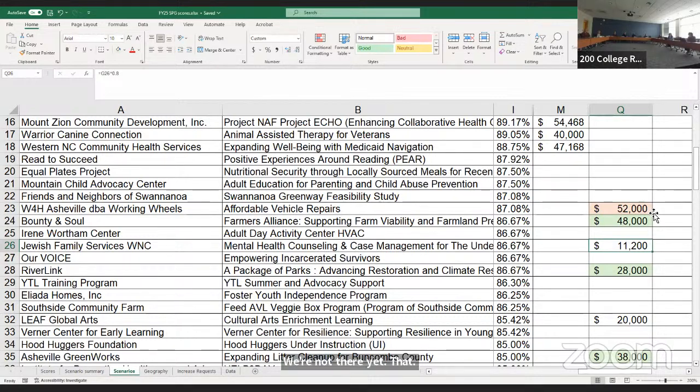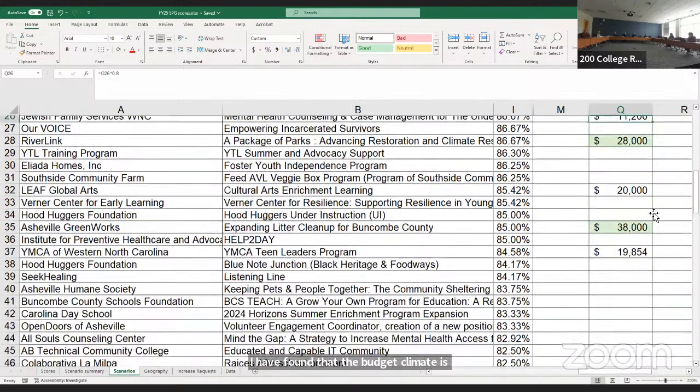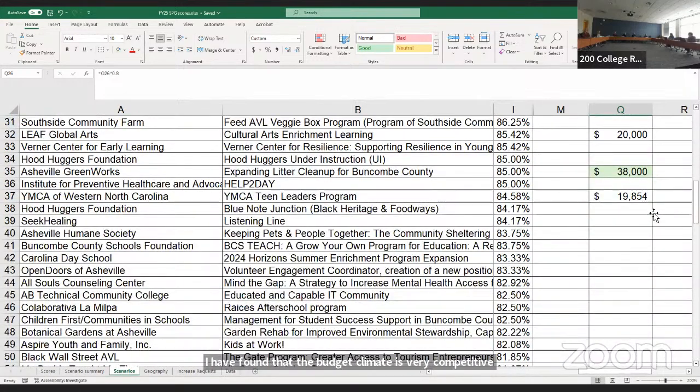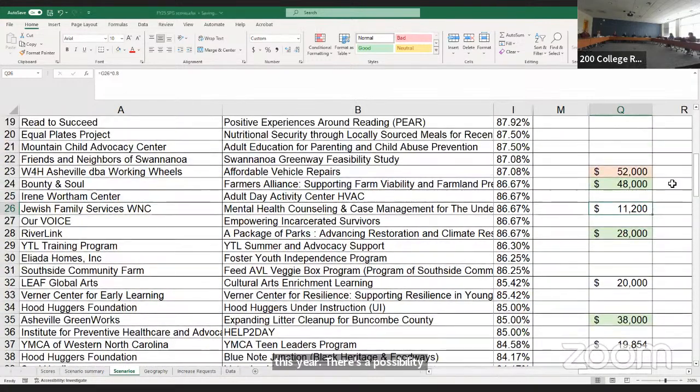I have found that the budget climate is very competitive this year. There's a possibility we may end up with something between 1 and $100,000 extra. So I want us to make sure we feel really good about the base, and then have maybe some priorities that we would revisit if there was more money.